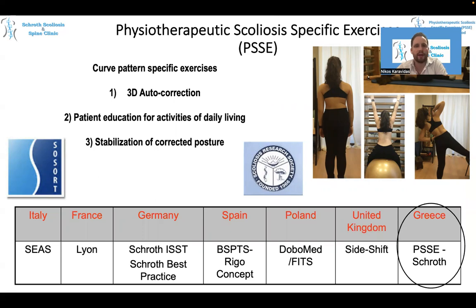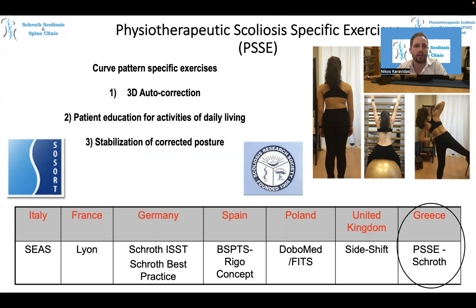This is a term that is used to describe scoliosis-specific exercises: physiotherapeutic scoliosis-specific exercises. This term was introduced approximately 10 years ago to differentiate between what is really specific and what is non-specific for scoliosis treatment.